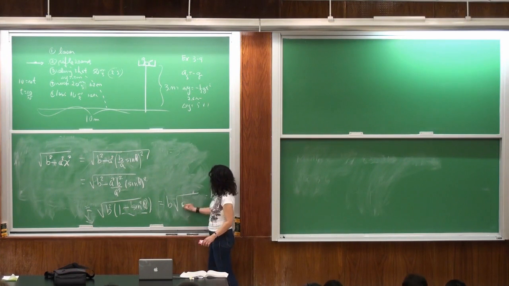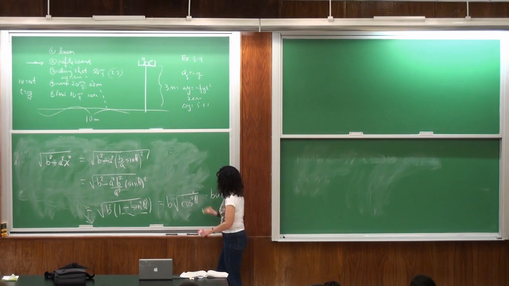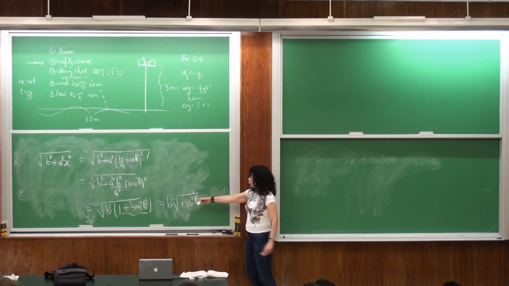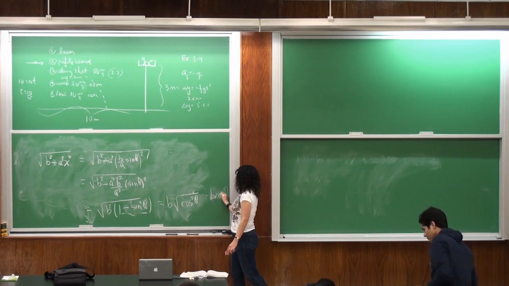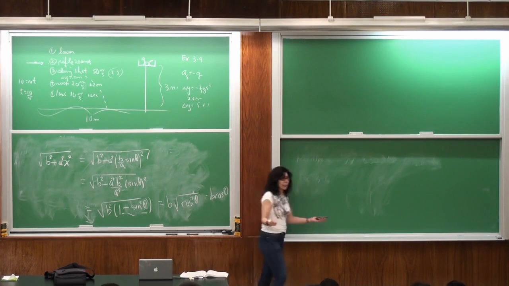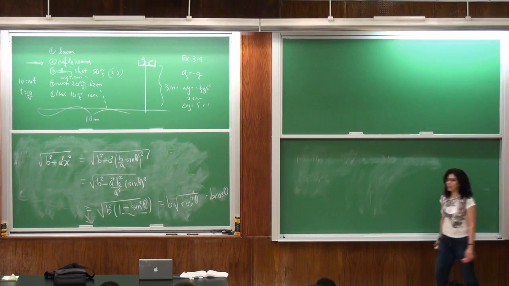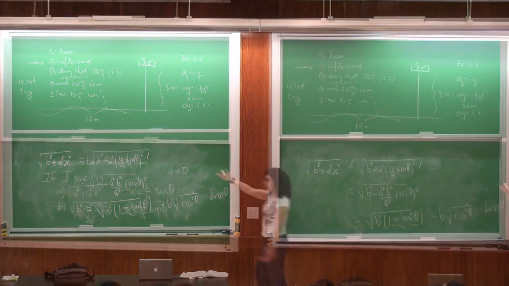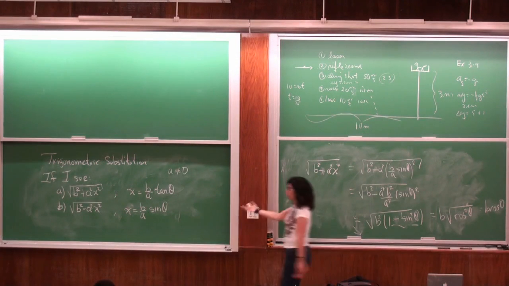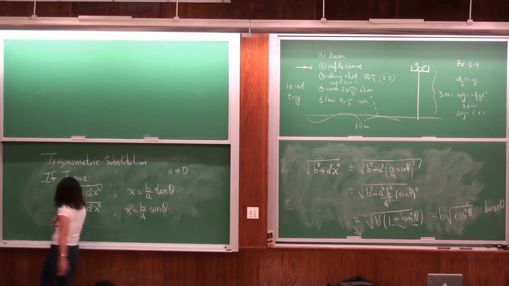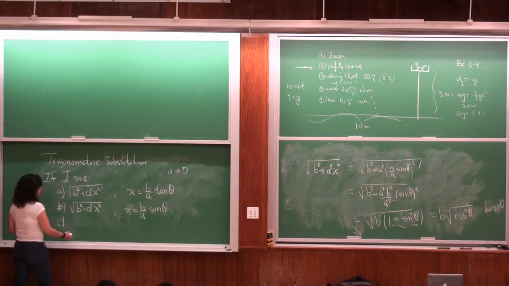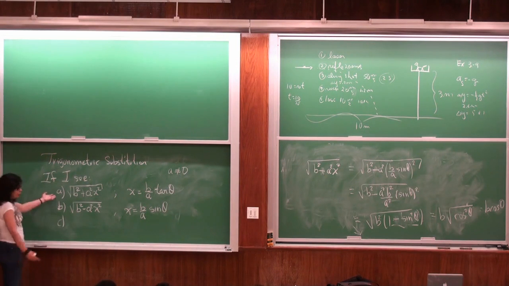So I'm going to have here a beautiful cosine squared of theta, and the square root of that is going to be B cosine of theta, which is something that I can work with. Correct? So this is very easy to deal with.